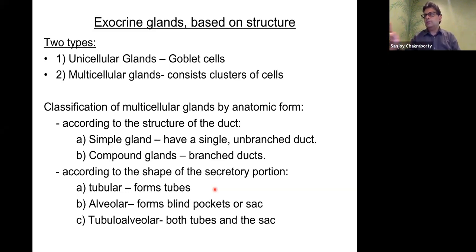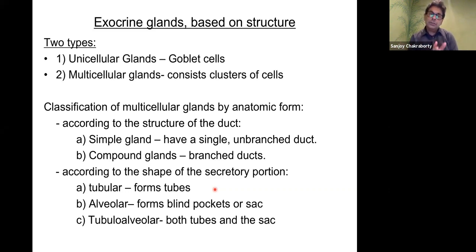All the houses surrounding that street, I would consider like secretory portions. Or you make a turn and you get a cul-de-sac, like a blind pocket, with all the houses surrounding there. That's called an alveolar structure.